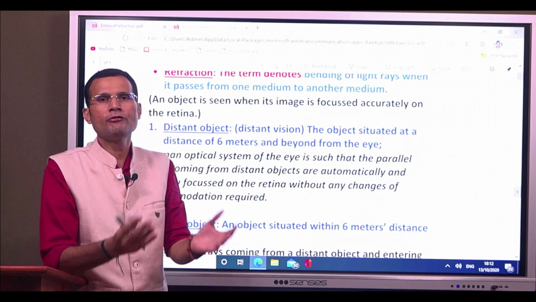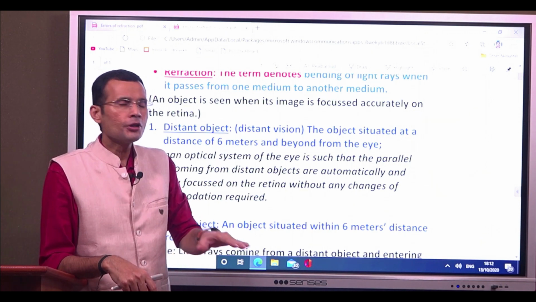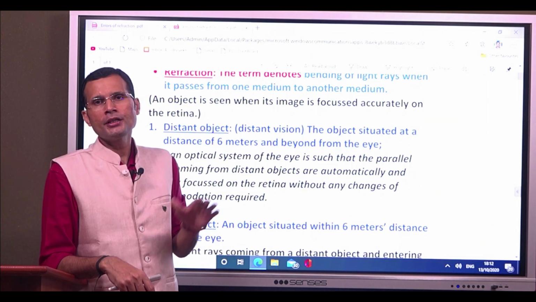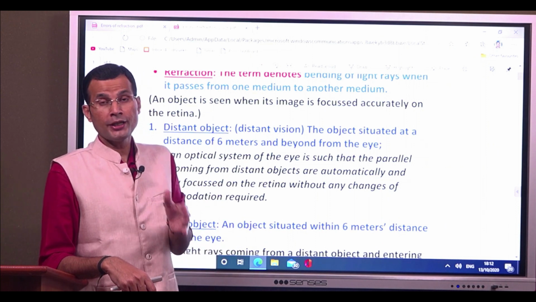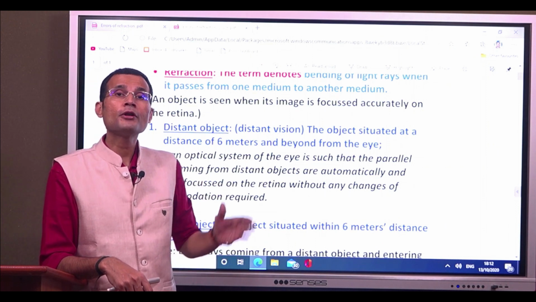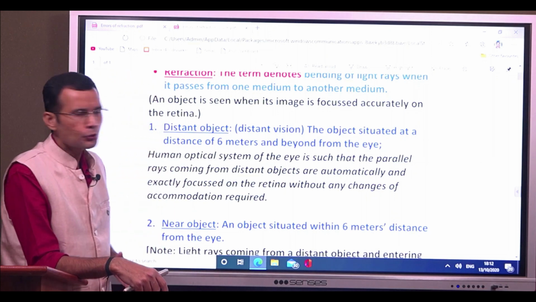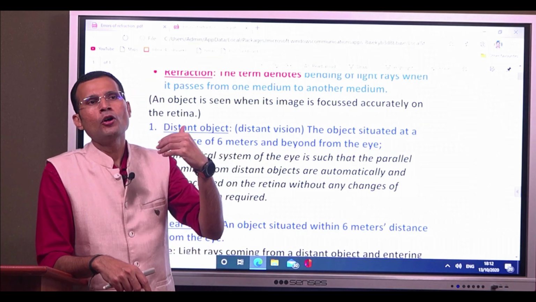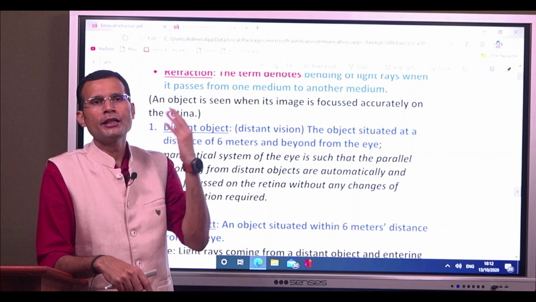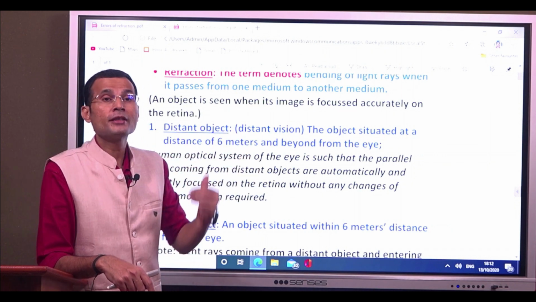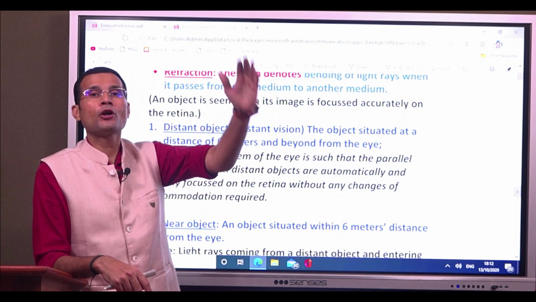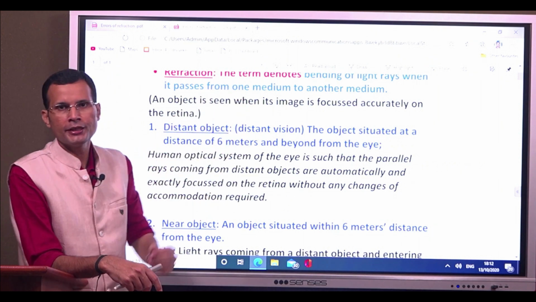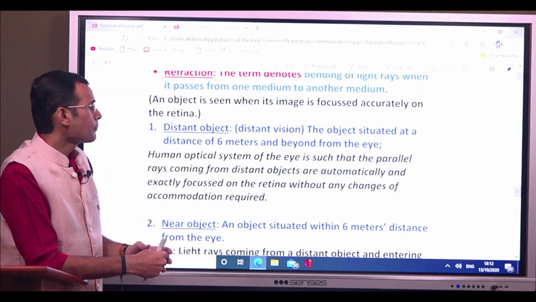Image is automatically formed on the retina without any changes happening in the eye. Changes of accommodation are not needed. If the object is at 6 meters or beyond, up to infinite distance, we can see that object without any changes occurring in the eye.